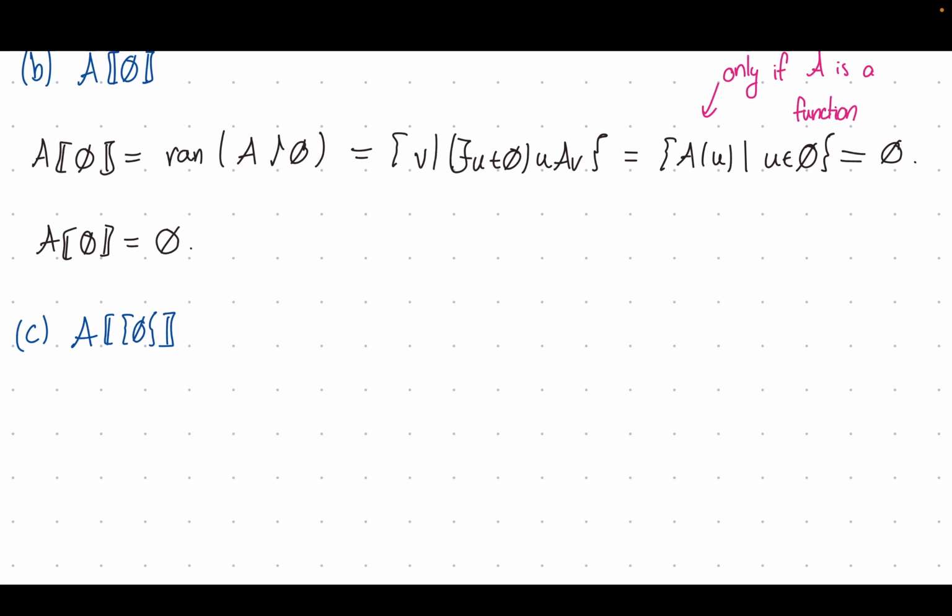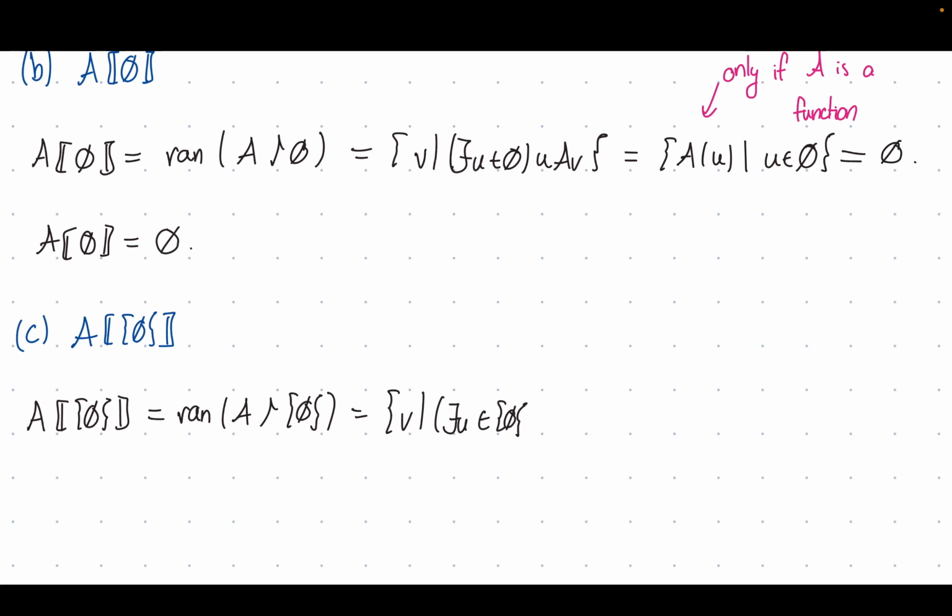It's going to be equal to the range of A restricted to the set containing the empty set, which is going to be equal to the set of V such that there exists some u in the set containing the empty set such that u A v, which again is going to be equal to the set of A of u such that u is in the set containing the empty set. Again, only works if A is a function, but it is, right?